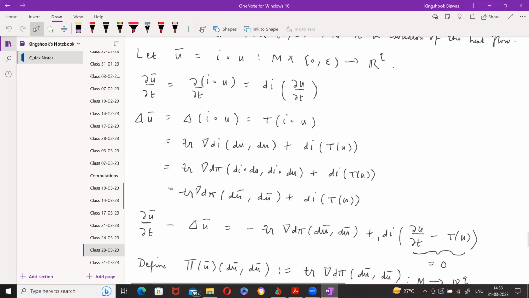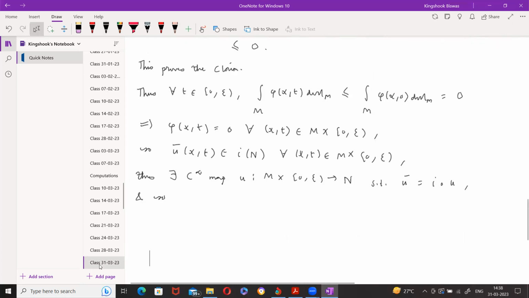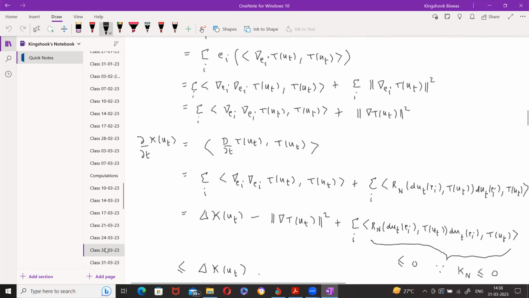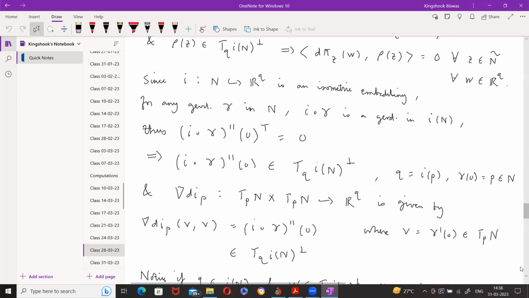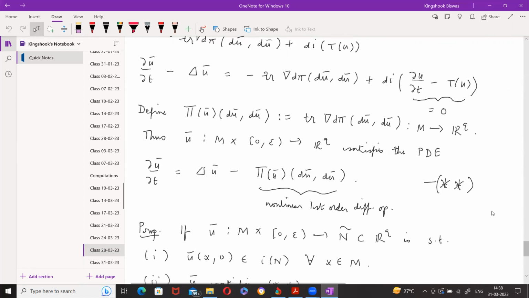So taking this term to the other side, we'll get dι of ∂u/∂t minus τ(u). Let me just see what the signs are. Yeah, this. Oh, sorry.